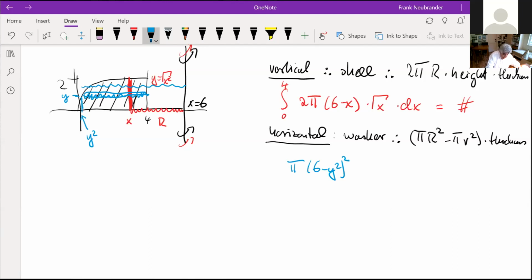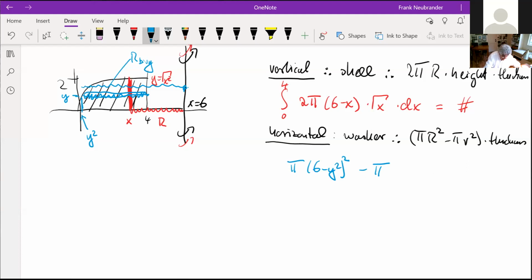So the big radius is the right, which is 6. On the left, the x value is y squared, so it's 6 minus y squared, minus, what is the small radius?